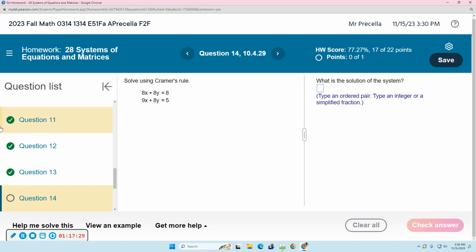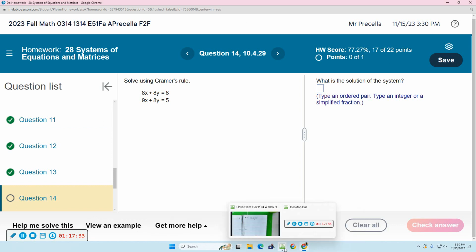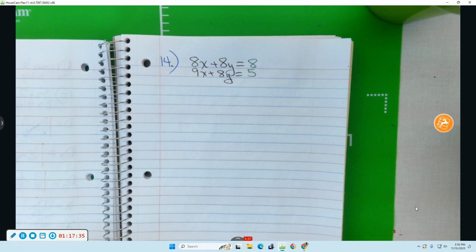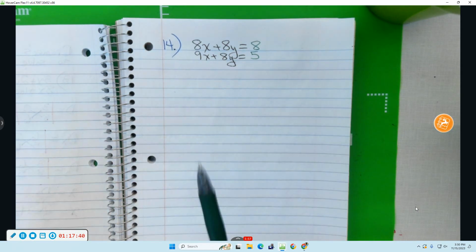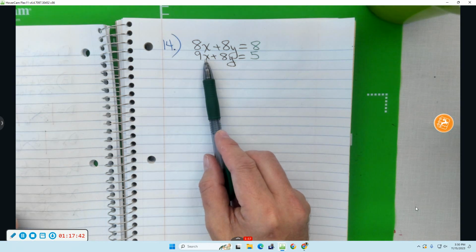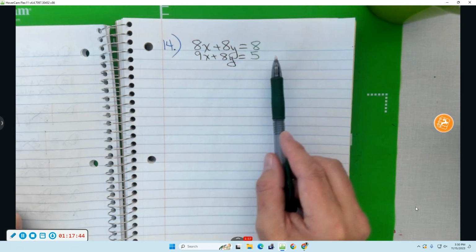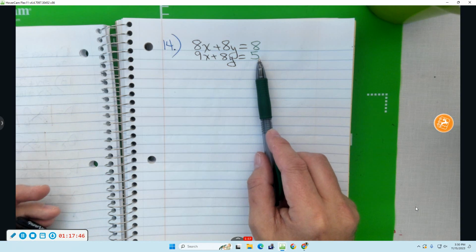Once again, we're going to use Cramer's rule. Notice the like variables are already aligned. We have the x's aligned, the y's aligned, and our constant term on the right-hand side.